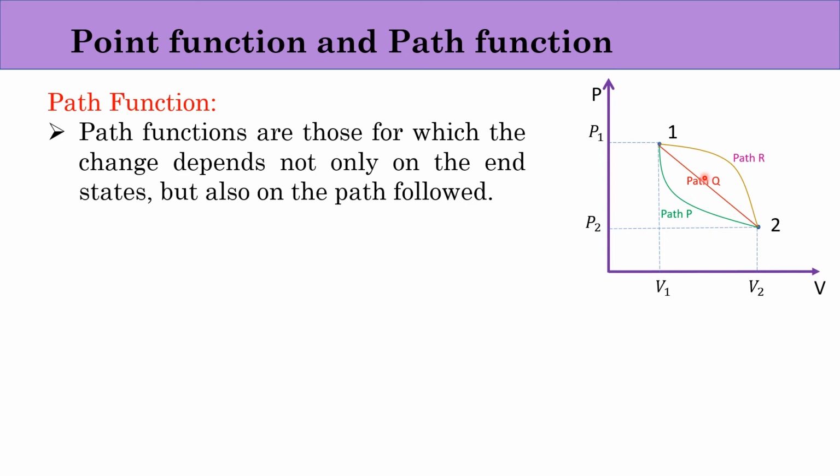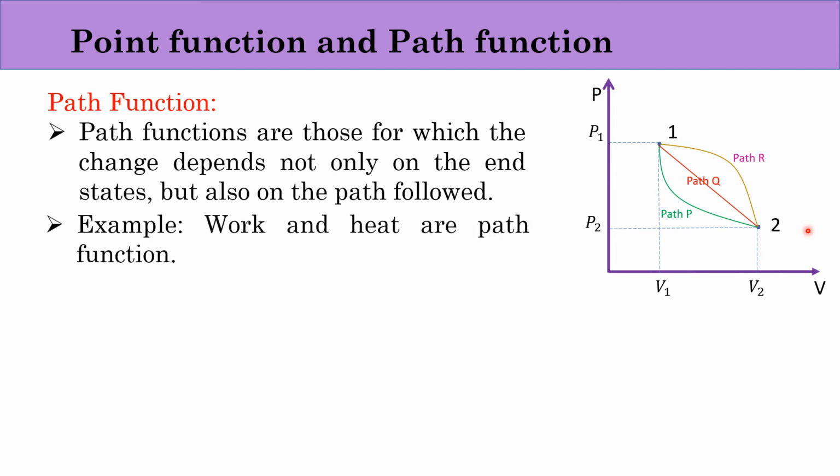Similarly, if we plot the TS diagram, we can get the heat transfer. So the quantities which depend on the path of the process are called path functions. So work and heat are path functions. We also say that they are inexact differentials. Why inexact differential?